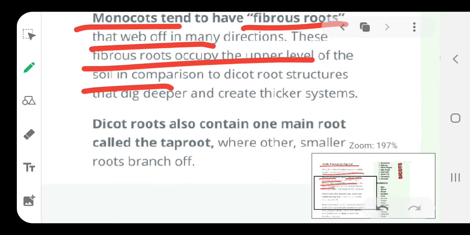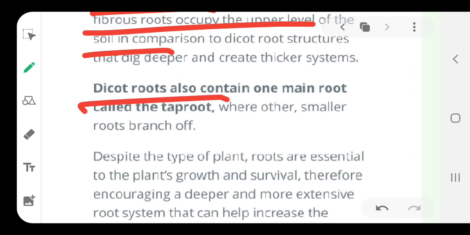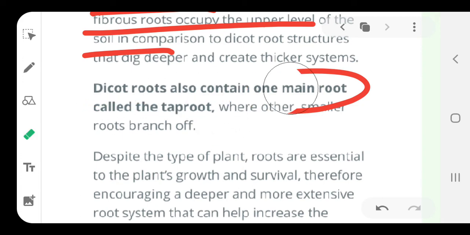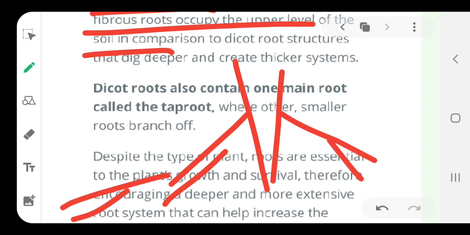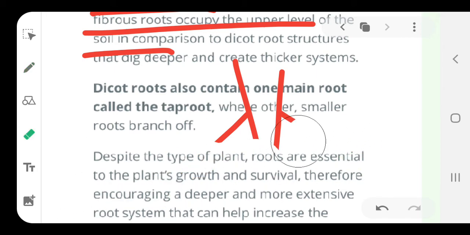And in case of dicot roots, they have a main root called taproot. You might have studied this in other classes. So they have a main root like that, and from the main root secondary and tertiary roots arise. So that is in case of dicots.